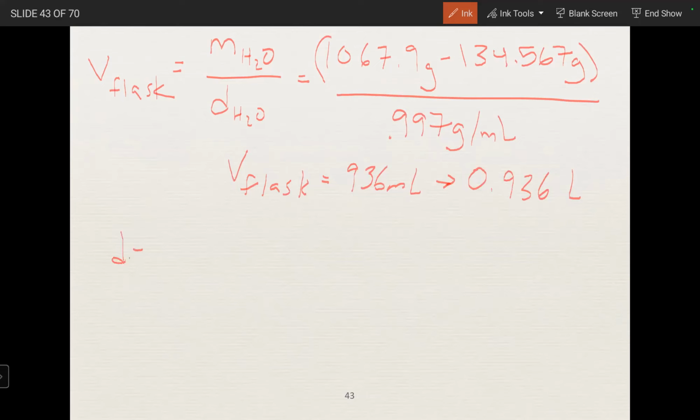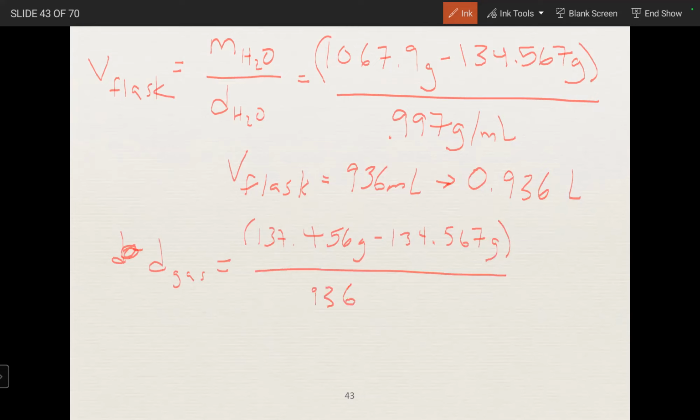But we can get the density of the gas, because now we have the mass of the flask filled with gas, 137.456 grams, minus the empty flask, 134.567, divided by 0.936 liters.